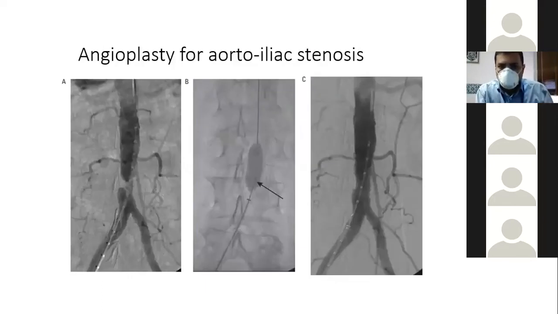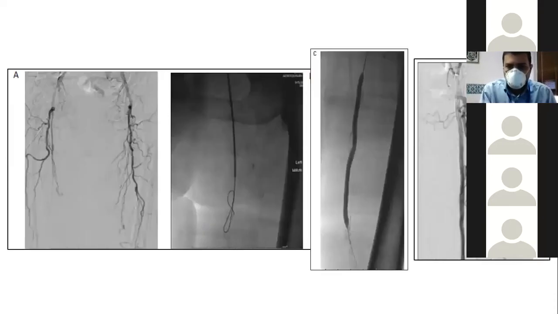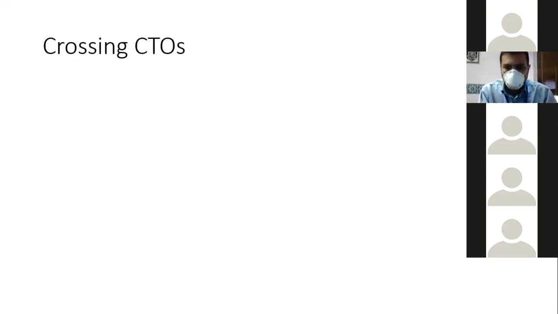Sometimes we see proximal stenosis, like this infrarenal aortic stenosis, where a balloon has been placed which has dilated the stenosis quite well. This is a patient with bilateral superficial femoral artery lesions and a long balloon which was able to dilate them. The complex problem is crossing the CTO.